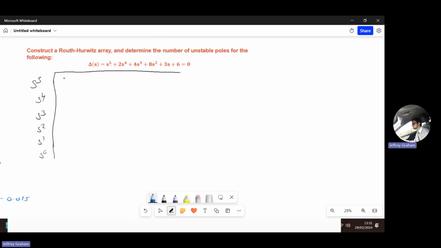So from the power 5, you've got 1, skip a term, 4, skip a term, 3. For the power 4, it starts as 2, skip a term to 8, skip a term to 6.